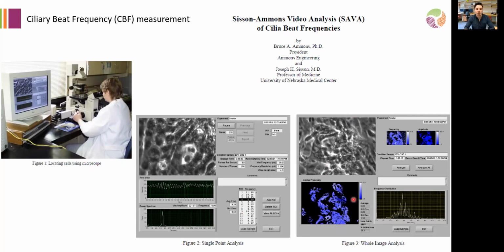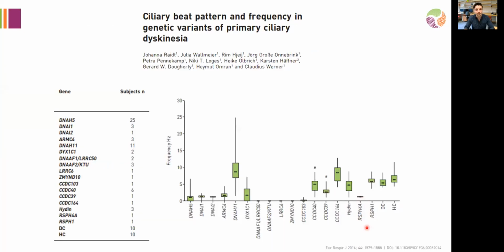Those programs are available online, or it can be, I would say, pretty easily written in any kind of programming software. Mine is in MATLAB, but you could use Python, for example, if you wanted free software.